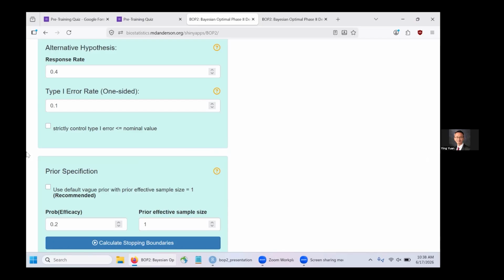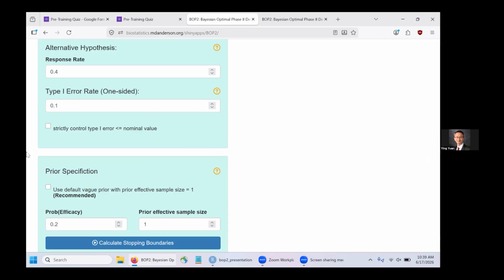For example, they put an effective sample size of 10 because, based on external information, they say it is equivalent to about 10 patients' information. They believe this is going to be effective. You put a prior mean at the alternative, for example, in this example, 30%. And when you do that, by default, when you specify that prior and when you control type 1 error, that's under the null.